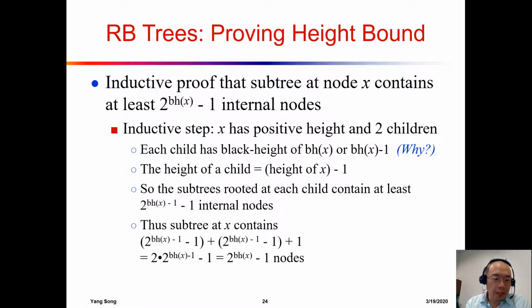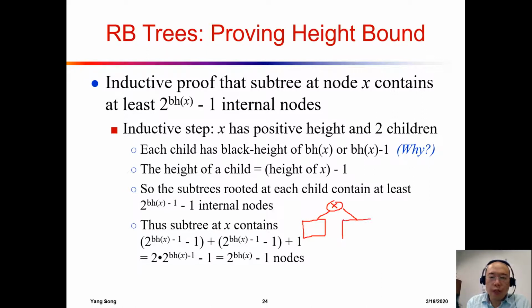Let me draw this here. Say this node is x. Let me write down the x. And for x, it has 2 subtrees, the left subtree and the right subtree. Each of them is a subtree.